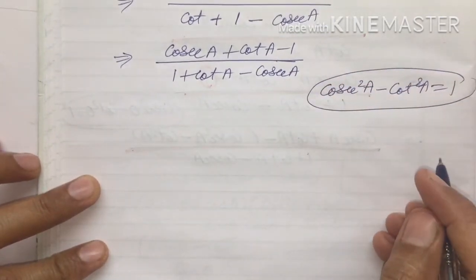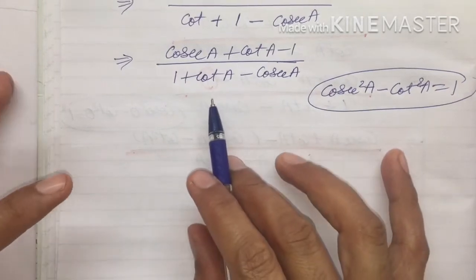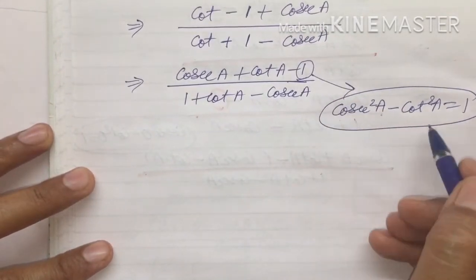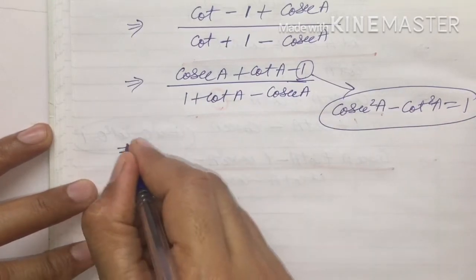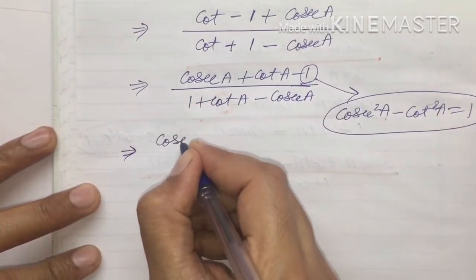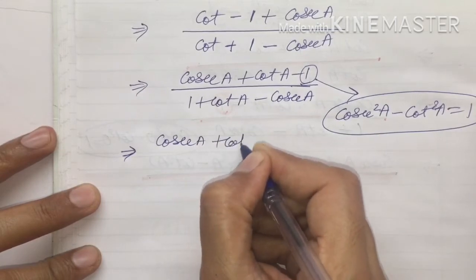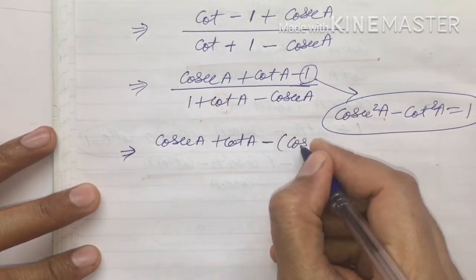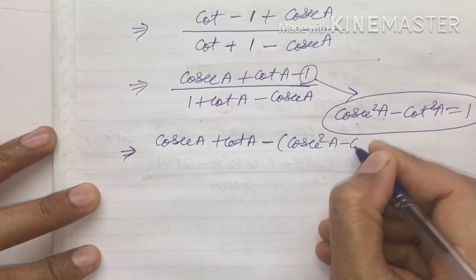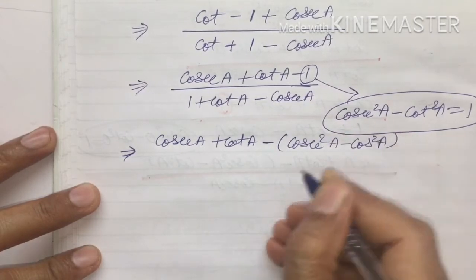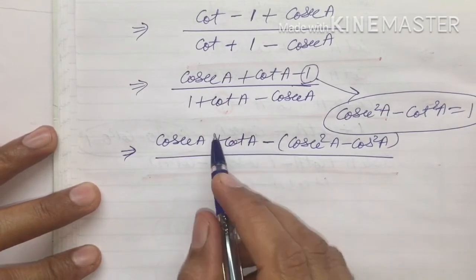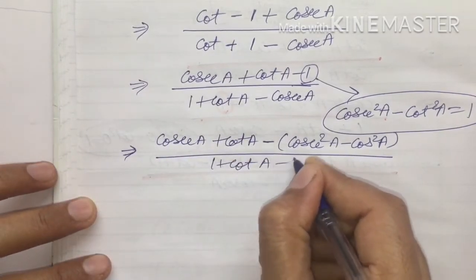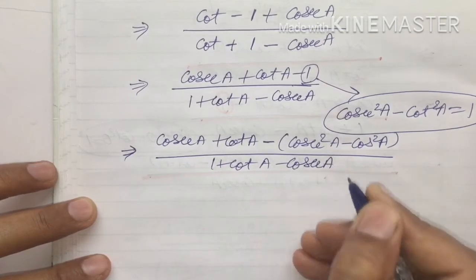We will use this identity in our question. In place of 1, I can write this identity. So I will write cosecant A plus cot A minus the bracket cosecant square A minus cot square A, upon the same part in the denominator, 1 plus cot A minus cosecant A.